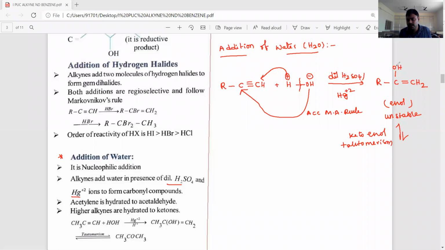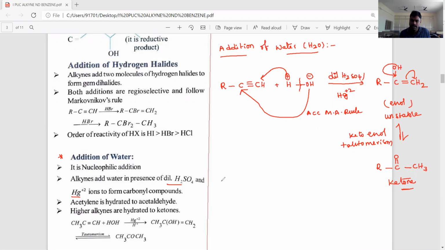The hydrogen is shifted from oxygen to the sp2 carbon. Then the product is R C double bond O, CH3. This is known as a ketone. Ketone is the product. So on addition of water to alkynes, the products are ketones.